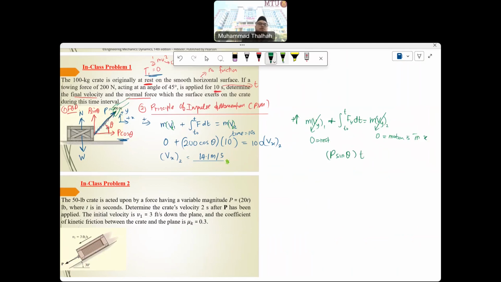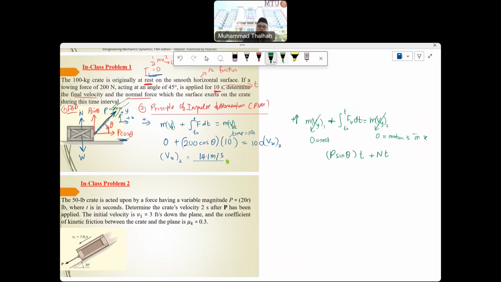What else do we have? P sine theta is positive, so because it goes in the upward direction. And then what? We have the normal force, right? Normal force is going up, it's positive. You multiply with time. What else?